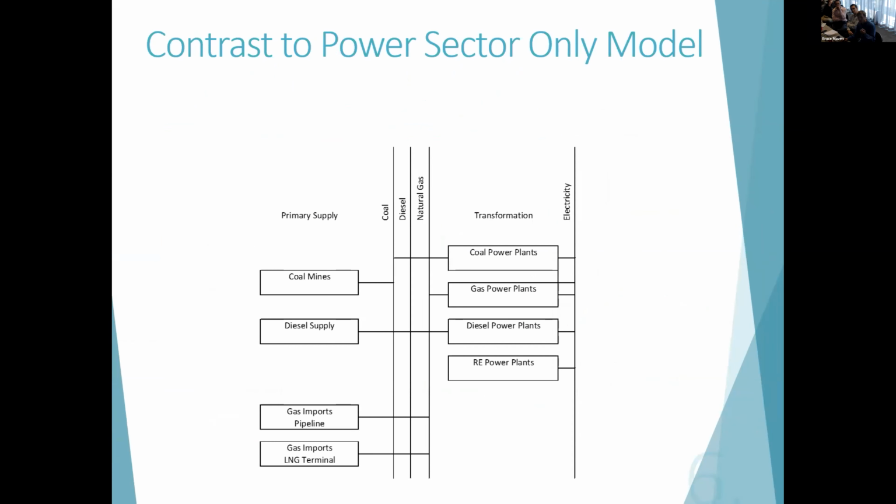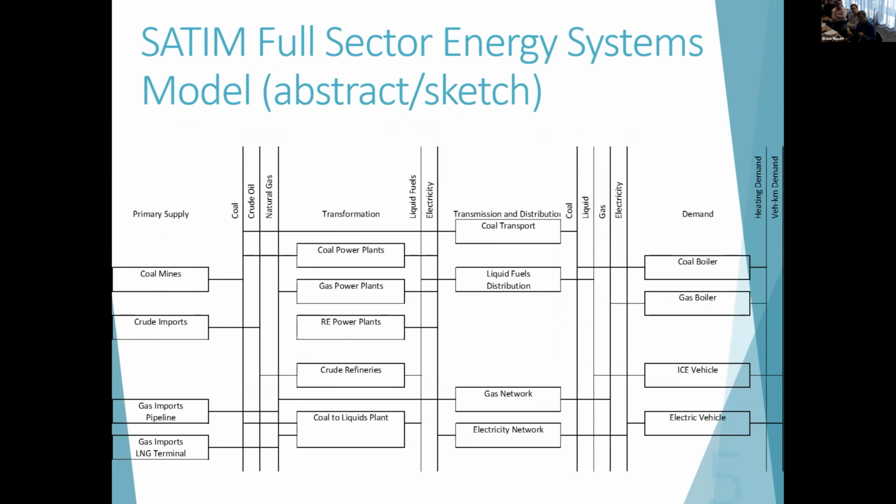So this is a sketch representation of the full sector model as opposed to just the power sector model. In the power sector model, you have the power plants represented, and in some cases the upstream fuel supply chain, and the electricity demand is an exogenous assumption that you have to get from somewhere else. When you're working with the full sector model, you're driving from things that are more aligned to your drivers, which is economic activity and income.